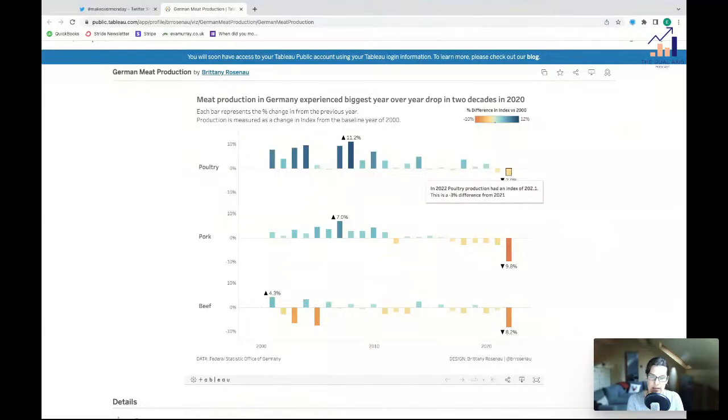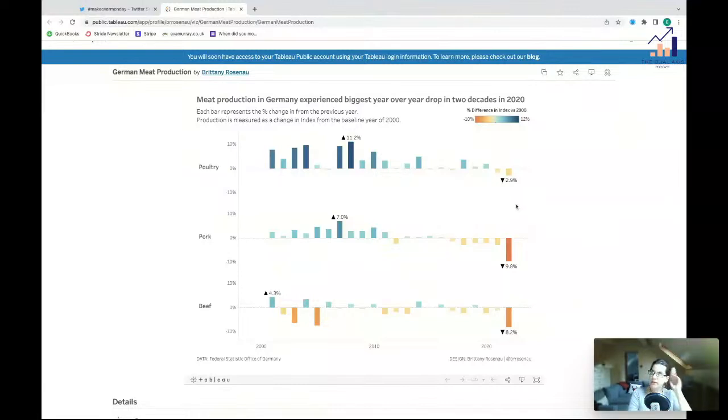Is that hidden index? Yes. Okay, so maybe rather than the year-over-year drop, because year-over-year drop is compared to the previous year, I wonder, does it make more sense to compare those two? In which case, do we need the reference back to 2000, the 2 decades?